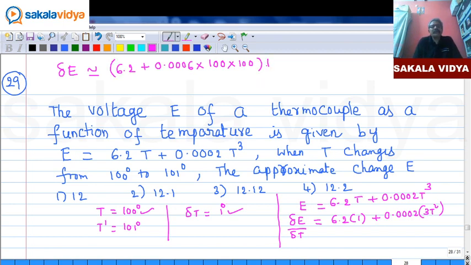Simplifying, approximately 6.2 plus 100 into 100 is 10,000, into 6, 60,000, four zeros. With four decimal places, you will get 12.2. So the fourth option is the right option.